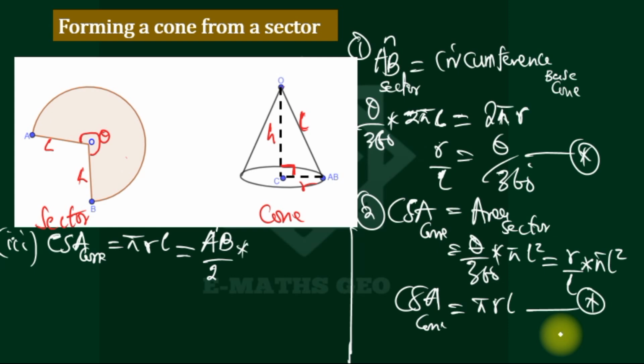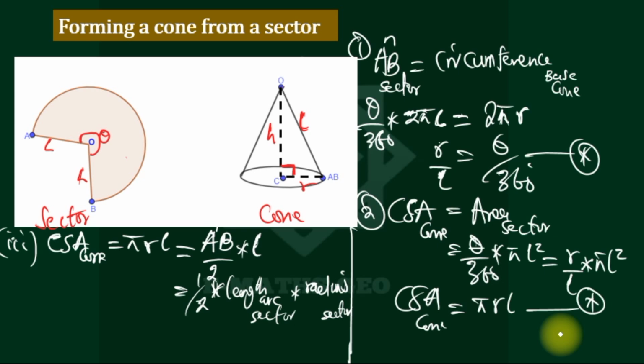So the curved surface area of a cone is always equal to half times the length of arc of the sector times the radius of the sector. So we've generated the third formula.